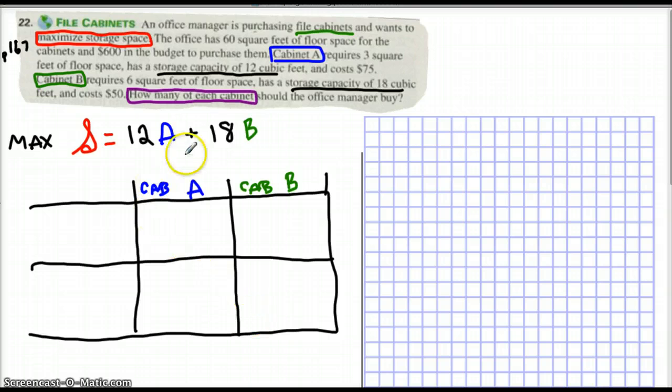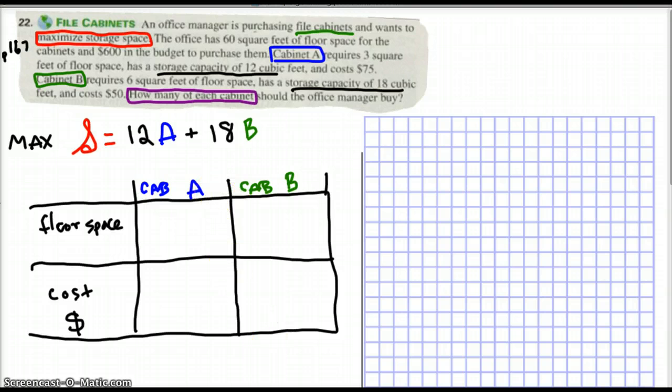Fantastic. What about down here? Now we got these other variables. We have 3 square feet of floor space. So let's go ahead and write floor space is this row, and another variable is the money. It's the cost, right? How much each cabinet kind of costs.